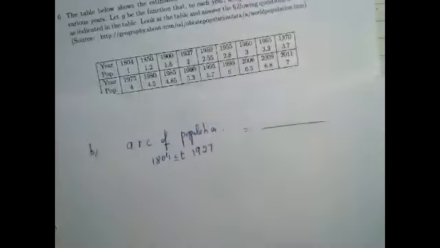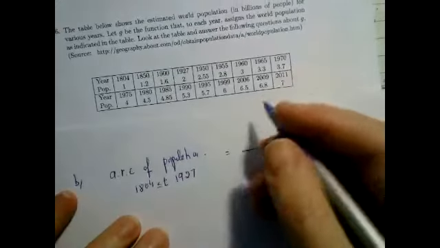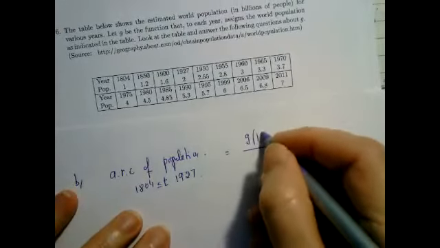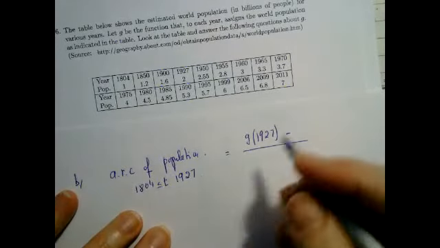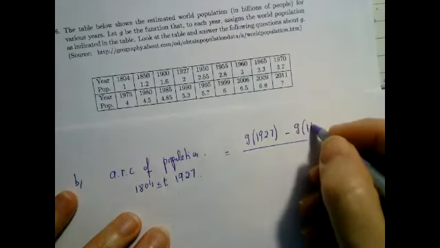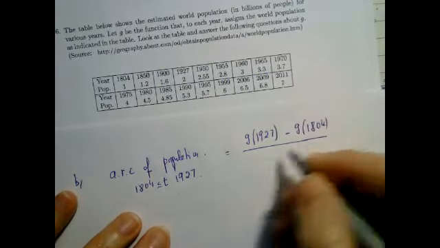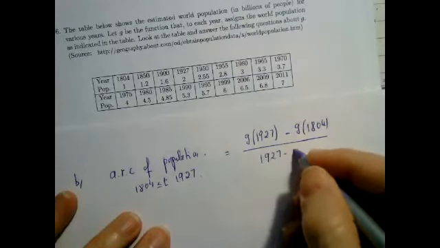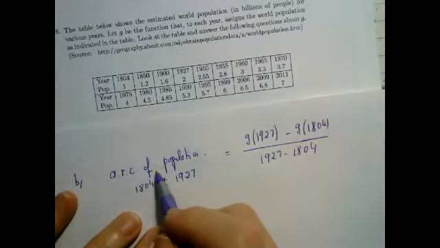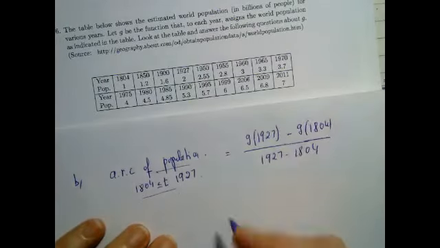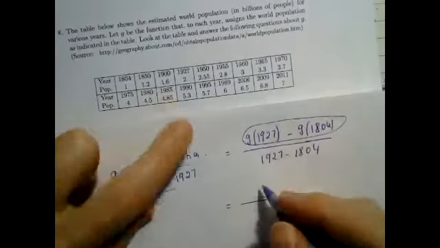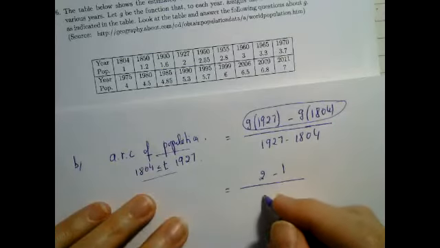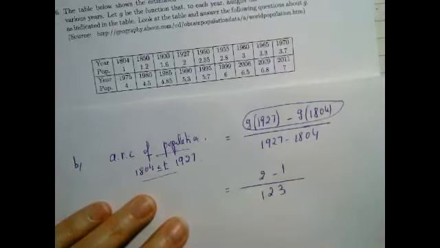So the average rate of change is the population in 1927, because G represents the population in this problem, minus the population in 1804, divided by the change in time. How fast population is changing in time. So what goes in the numerator is the change in population, which is 1 billion, basically. What goes in the denominator is the change in time, which was 123.